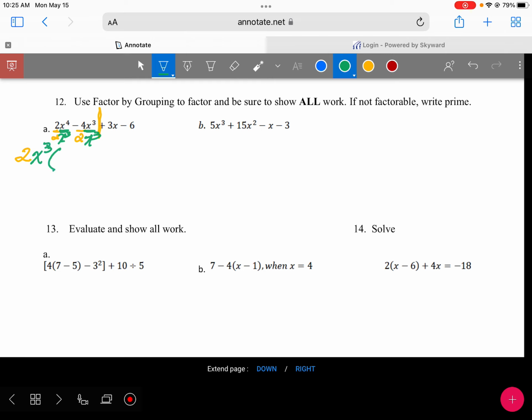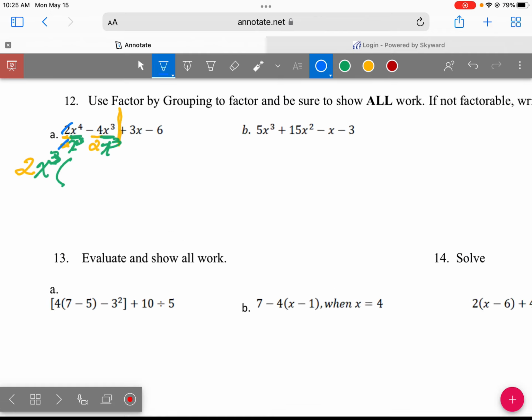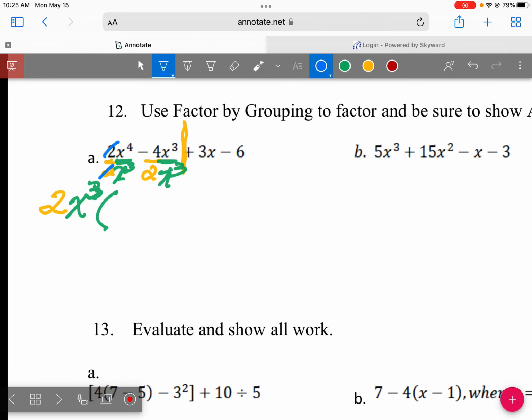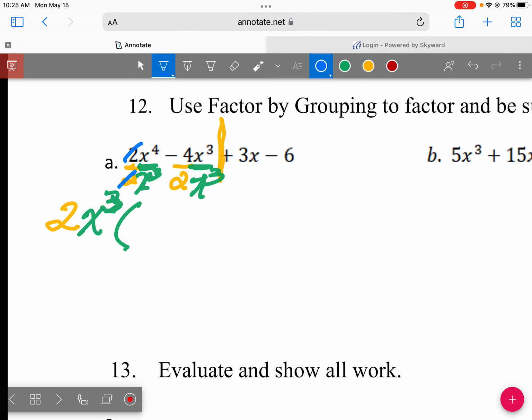So the 2 simplifies out, and then I have x to the 4th divided by x to the 3rd. If you remember, when you are dividing powers that have the same base, you subtract the exponents. So what I have left to put inside is just x to the 1st power.